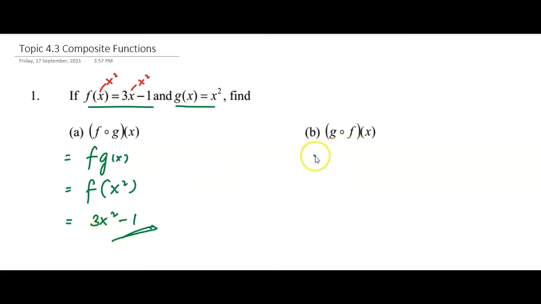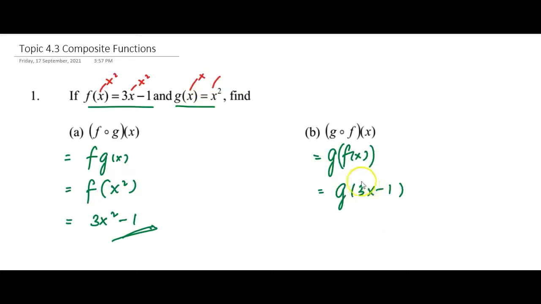And to get g(f(x)), I would like to write in this form, and then put f(x) into the bracket, and now you can see that f(x) can be replaced by 3x minus 1. From here, you can see that it becomes g(3x minus 1). Same concept you will apply. If this is the x, then this will be the x, right?